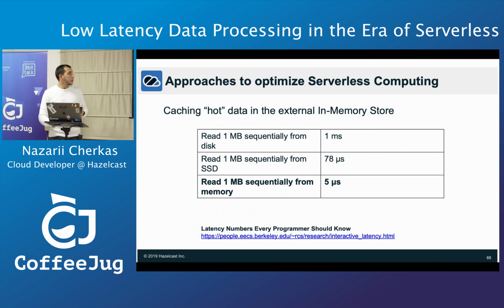This is why, if you need to cache something, you go for in-memory storage. And in 2019, we can call the microsecond the new millisecond, because more and more often people operate with microseconds. All right, so this is why we choose in-memory computing.